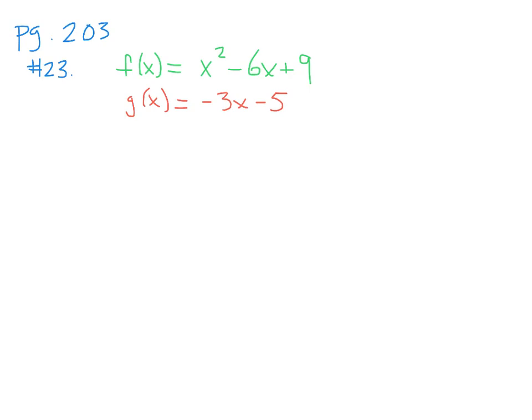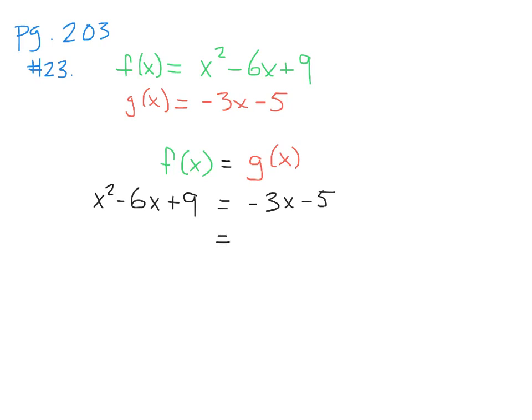In order to find any point of intersection, we are trying to find when this parabola is exactly the same as this line. We're trying to find when they're equal to each other. The formula of the parabola is x squared minus 6x plus 9, and the formula of the line is negative 3x minus 5. So I'm just solving this.